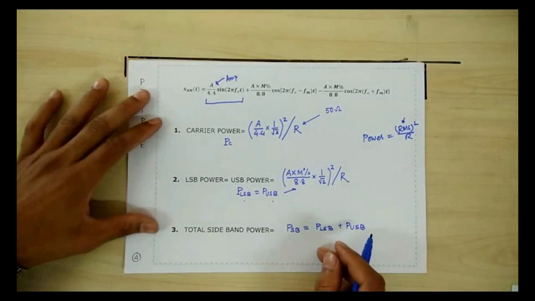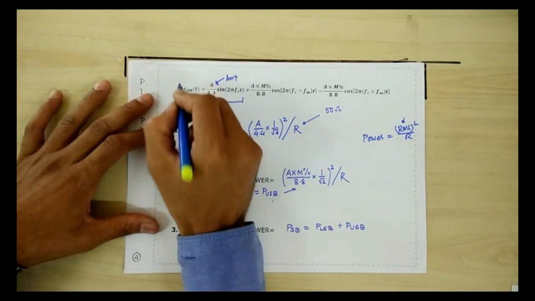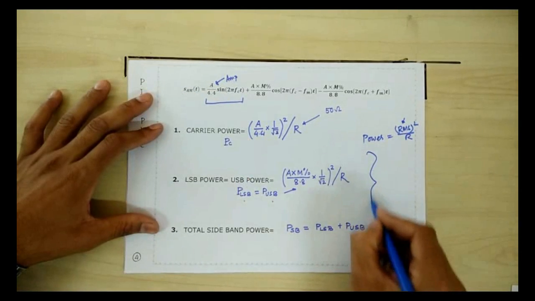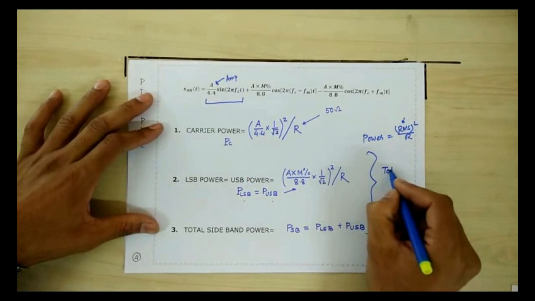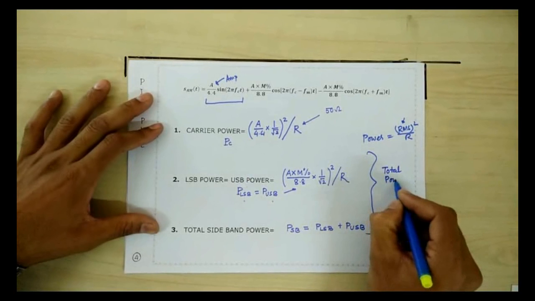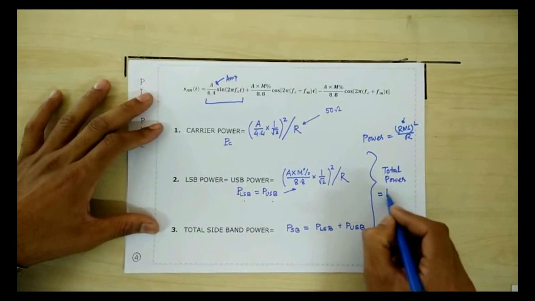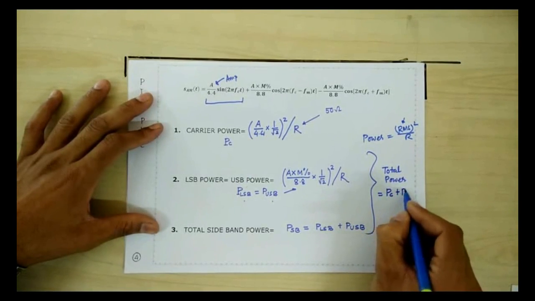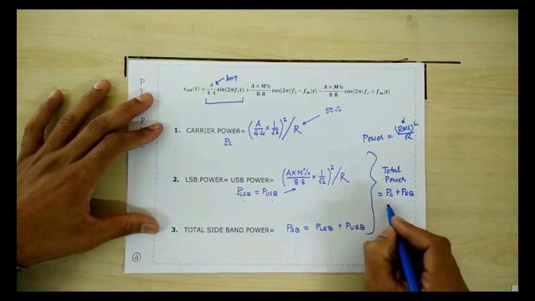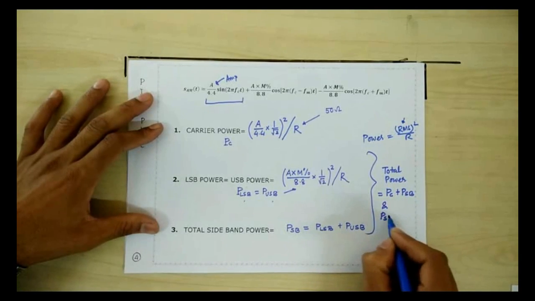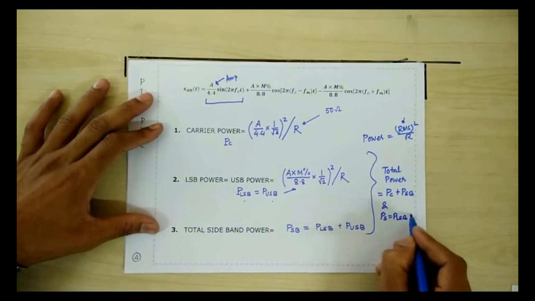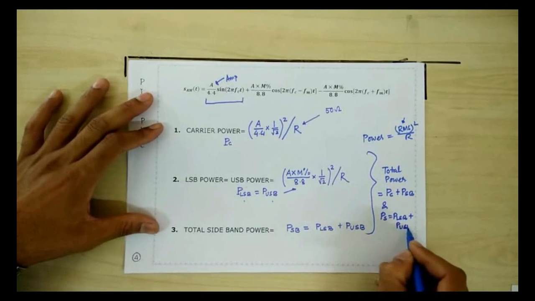So the AM wave's total power can be calculated as PC plus PSB, and PSB is PLSB plus PUSB.